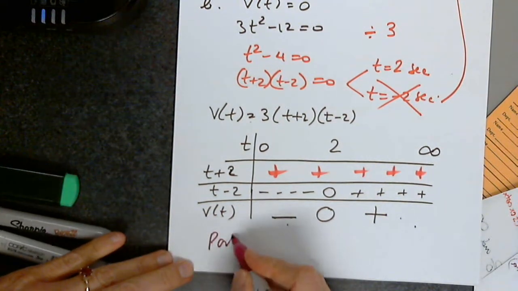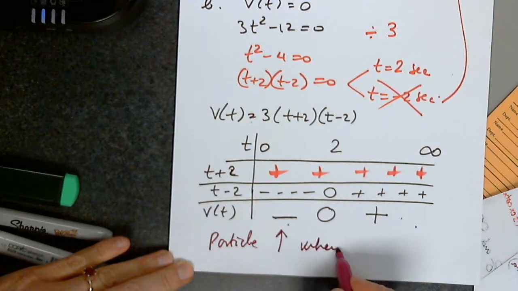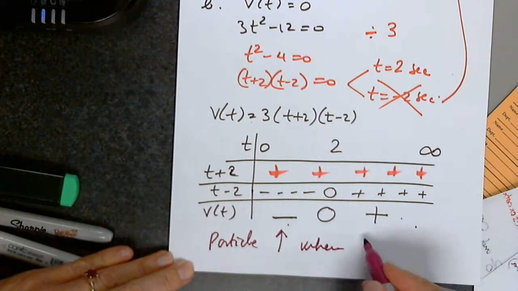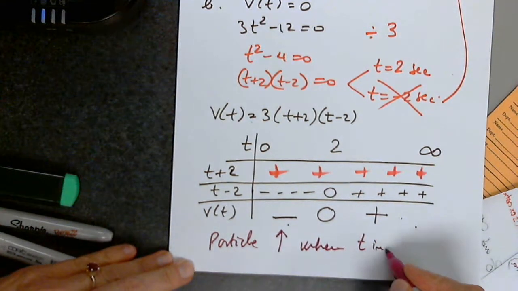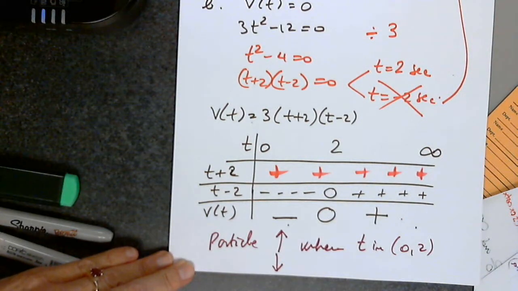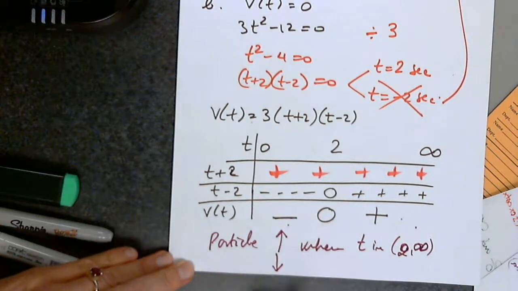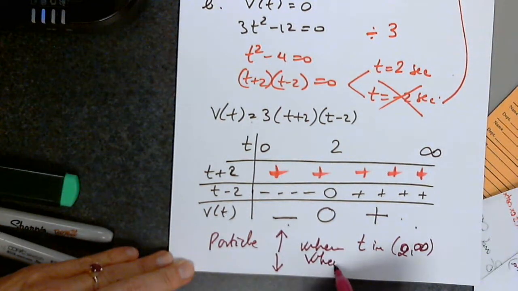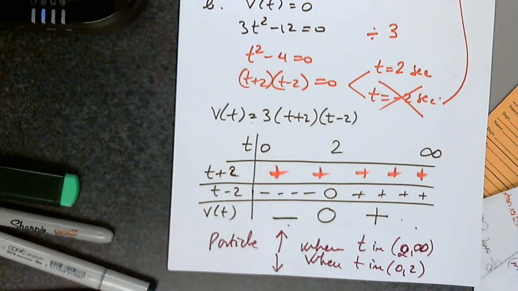So particle moving up when t is 2 and infinity, I'm sorry. And is moving down when t is in the interval 0, 2. When the velocity is negative, the particle is going down, and when the velocity is positive, it's going up.